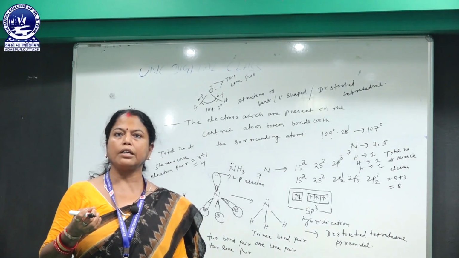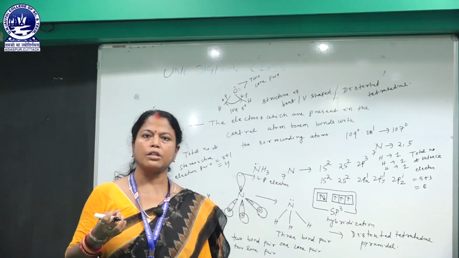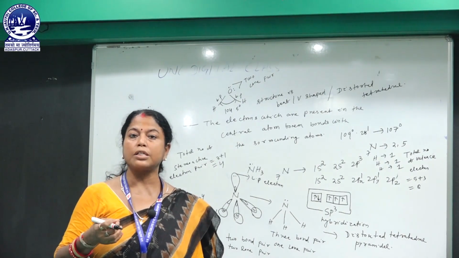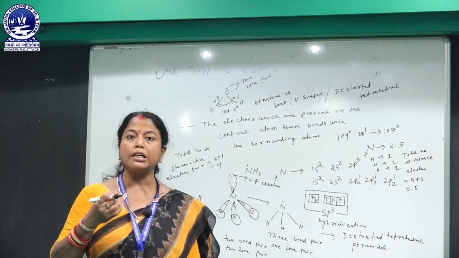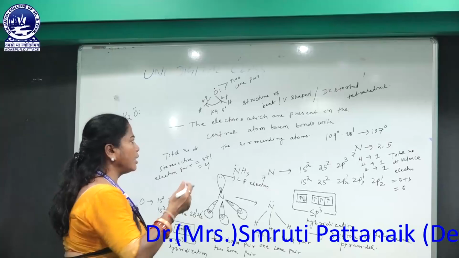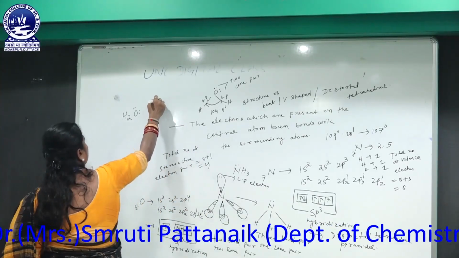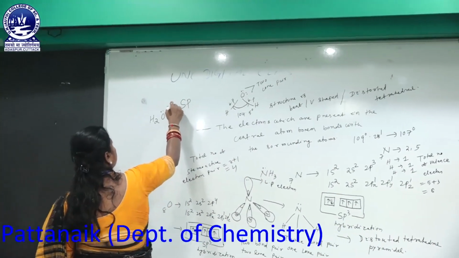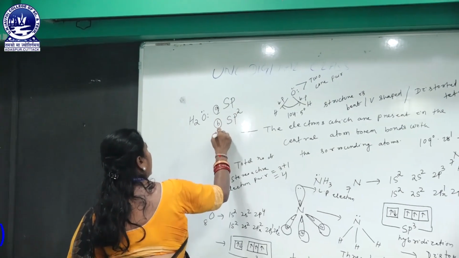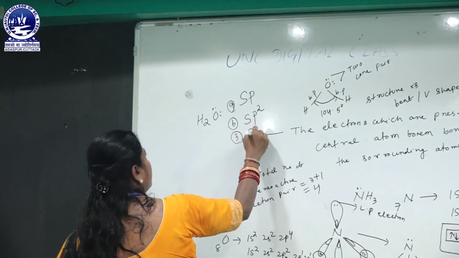There are different types of hybridization. How many hybridizations are there? Various, but chiefly we deal with 3 types of hybridization. What are they? First is sp, second is sp2, and third is sp3.